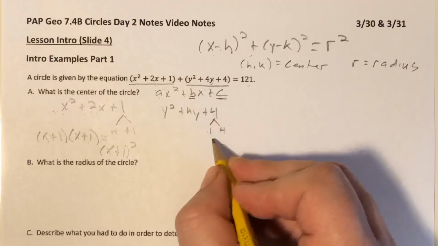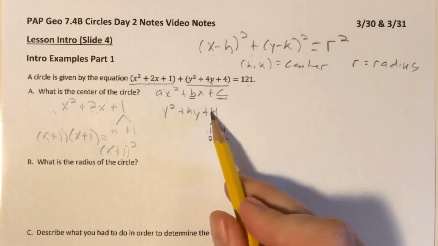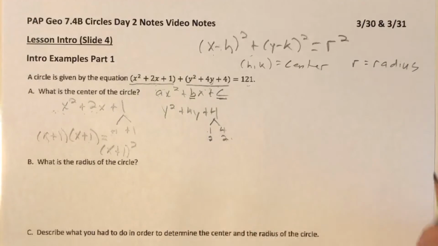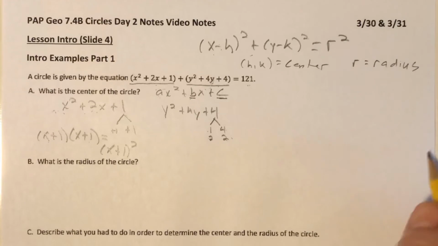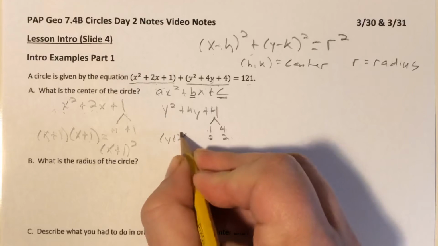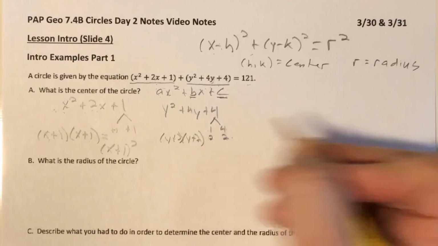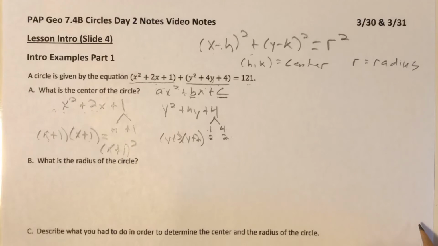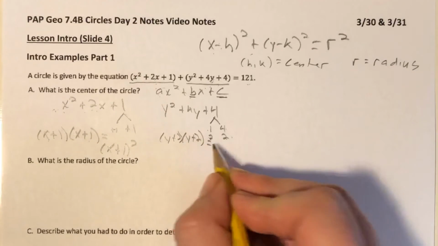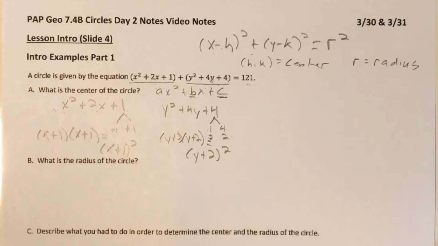So let's go on to 2. Let's try 2 and 2. I know that 2 times 2 is 4, 2 plus 2 is 4, so it looks like we found a winning combination there. So I can write that as y plus 2 times y plus 2. There we go. And again, that can be written as y plus 2 squared.